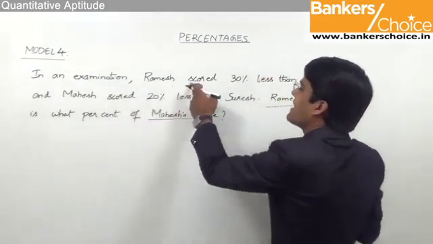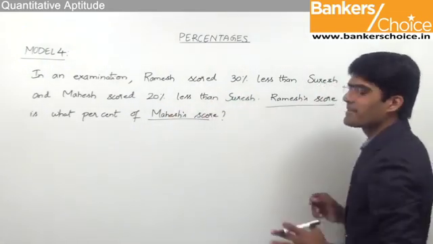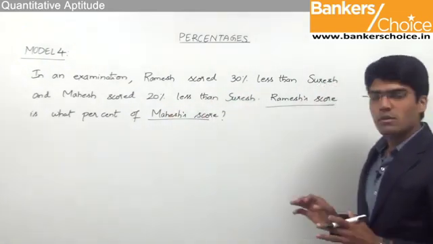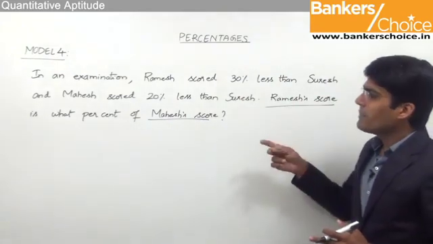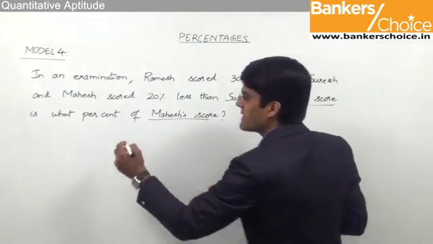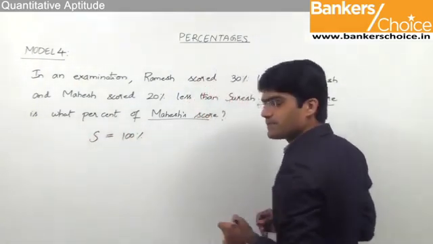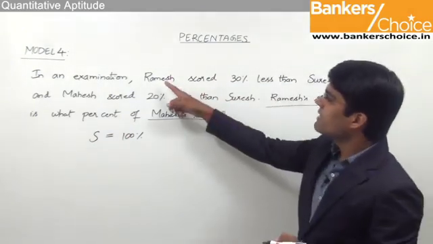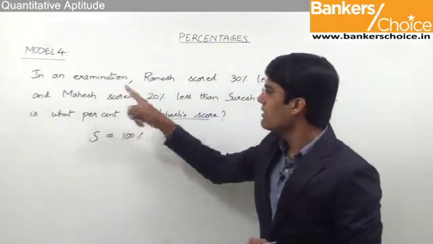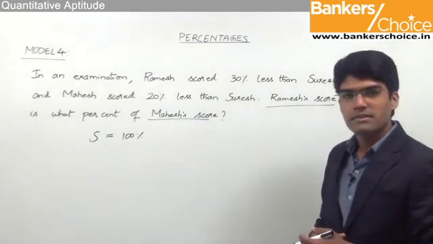Now, the question says Ramesh scored 30% less than Suresh and Mahesh scored 20% less than Suresh. Nowhere in the question have the marks of Ramesh, Mahesh or Suresh been specified. So what we can do here is, let us assume that Suresh's score is equivalent to 100%. Why? Because we are comparing Ramesh's score and Mahesh's score with Suresh's score. So let us take the reference, that is Suresh's score, as 100%.